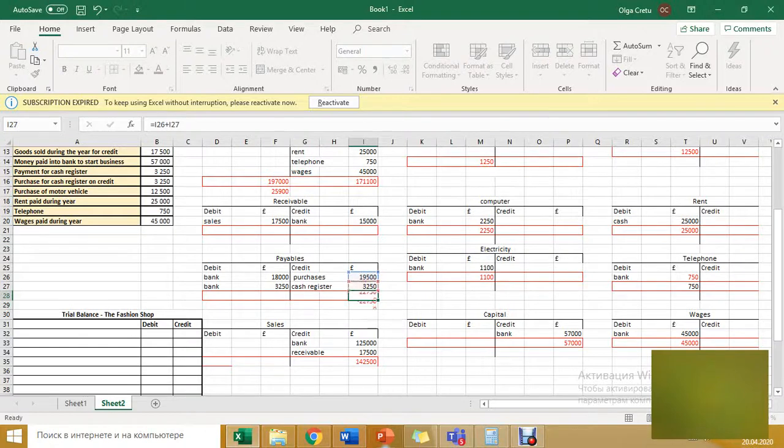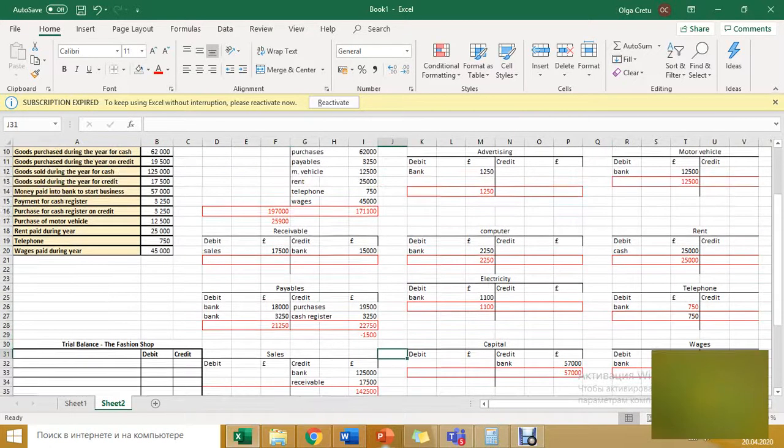Then we have here the payable transactions to calculate, and we are going to add them. So 21,250 on the right side, 22,750 on the credits, so it's 1,500, and because this side is bigger than this side, we put the 1,500 on the right side.